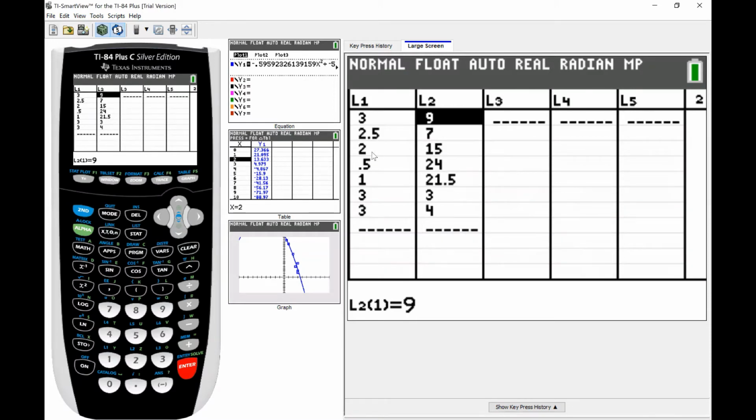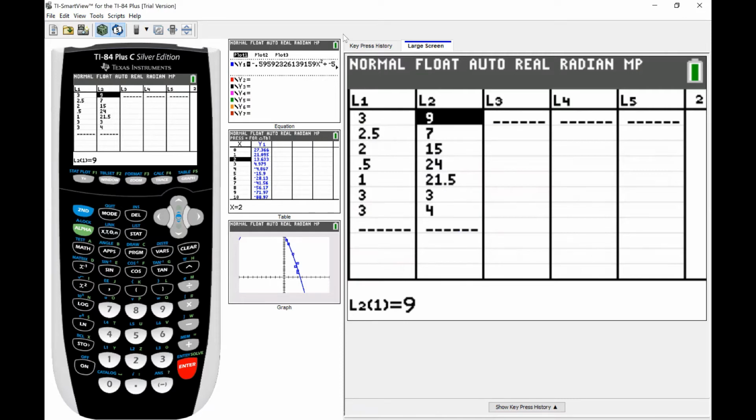We performed our regression so that we are able to make better predictions from data. And I'm asking you to find the value of y when x is 2. Well, when x is 2, is that within our data set? Our data set ranges from 0.5 to 3, or is it outside of our data set? It's inside of our data set.